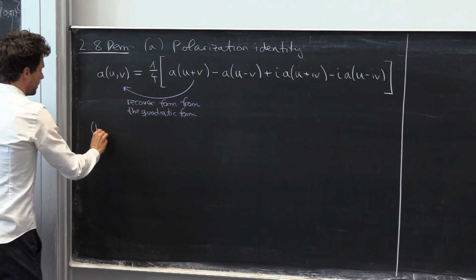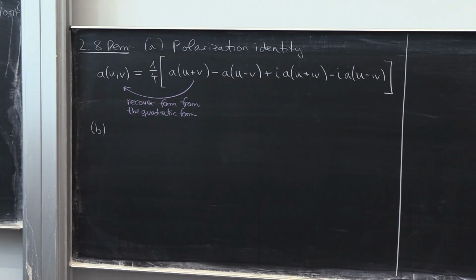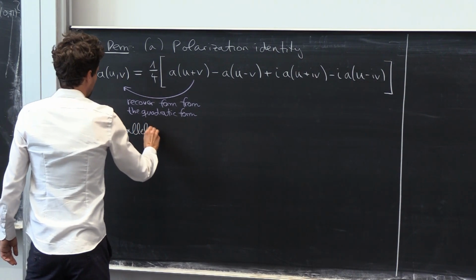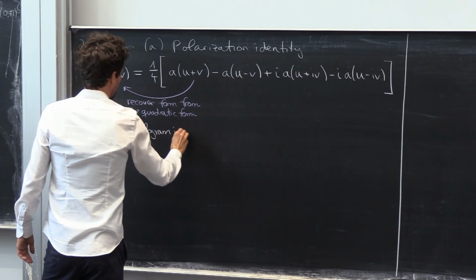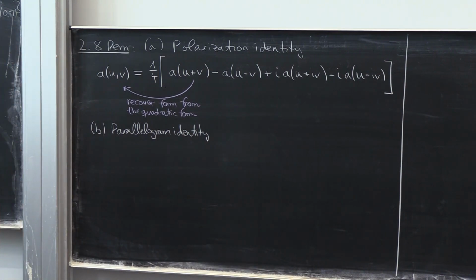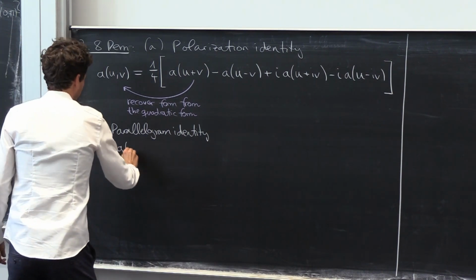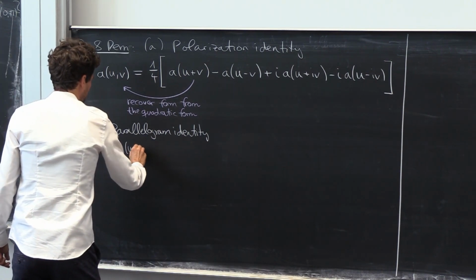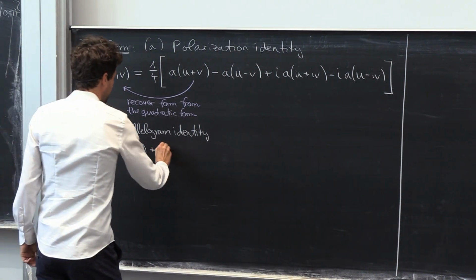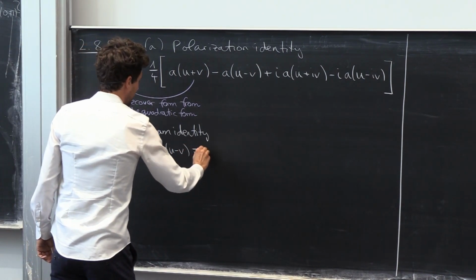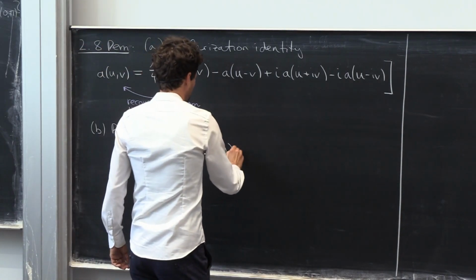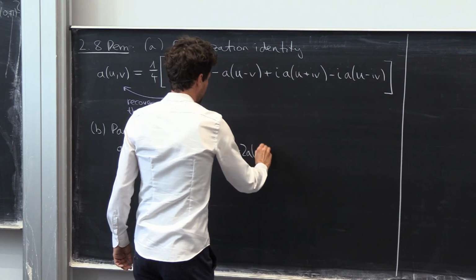In a similar spirit, there's also the parallelogram identity, which tells you that because this quadratic form comes from a sesquilinear form, this identity holds, and it gives you 2 times A of u plus 2 times A of v.